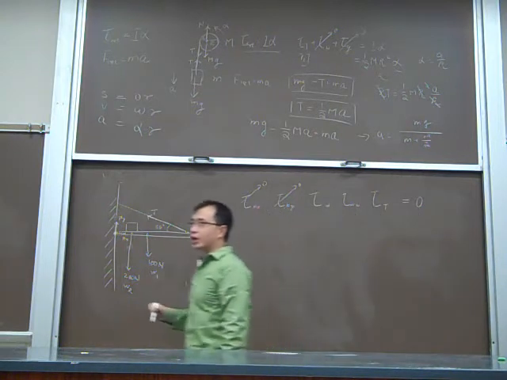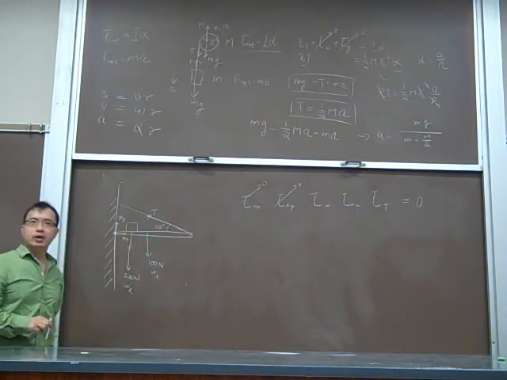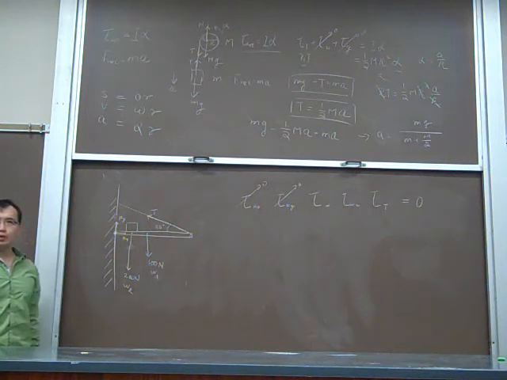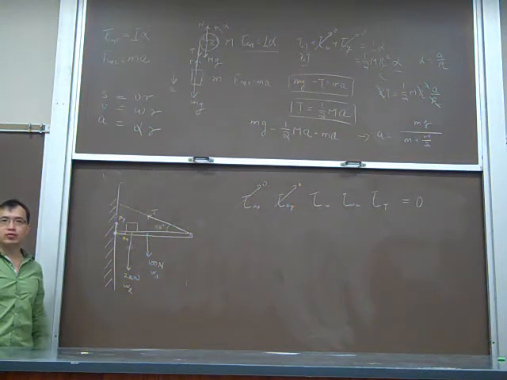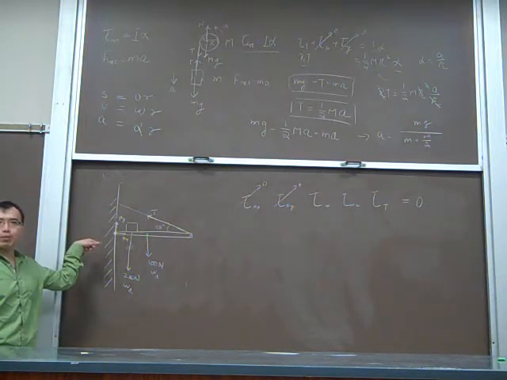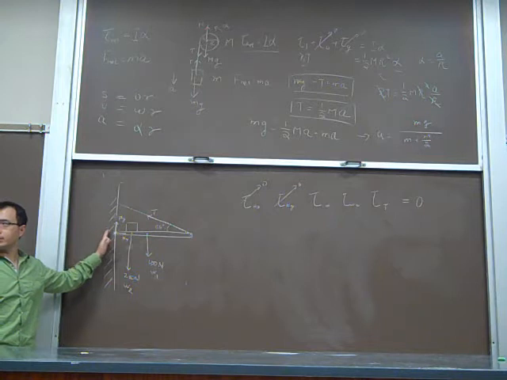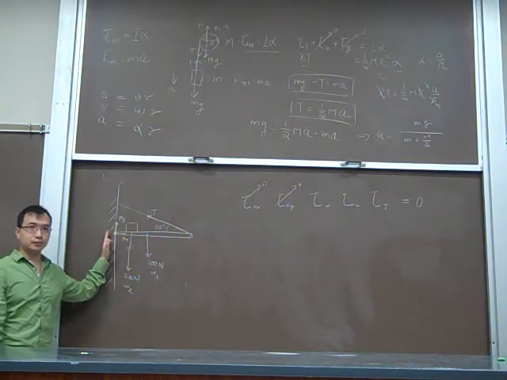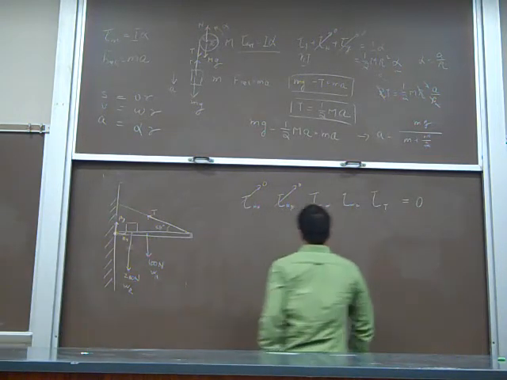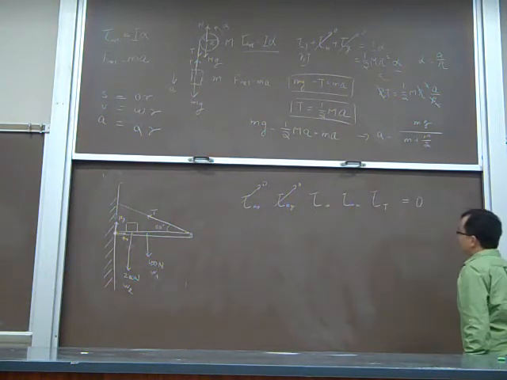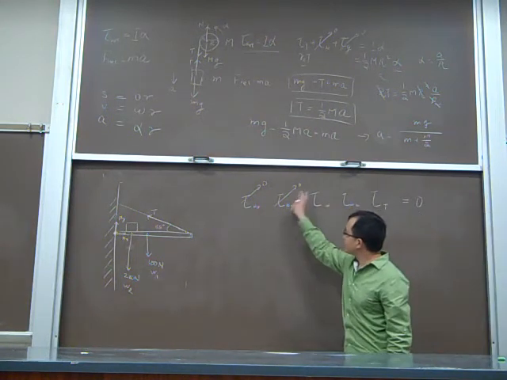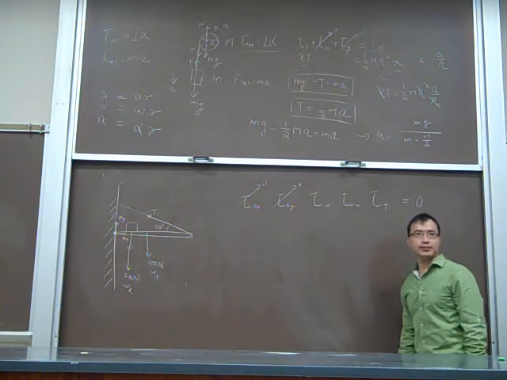So when you choose an imaginary rotational center, you try to choose a point where you can kill many unknown forces. If there are many unknown forces going through that point, you should choose that point as your rotational center. Any question here? Okay, so that's the first thing: choose a good rotational center so you can kill some of the forces.